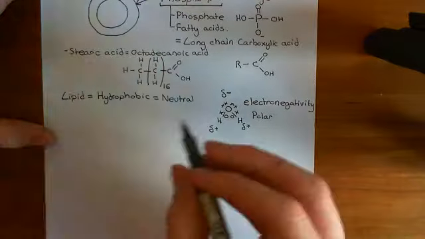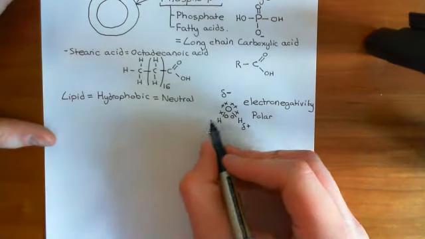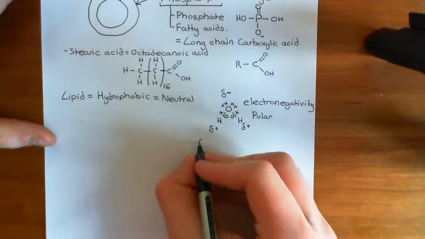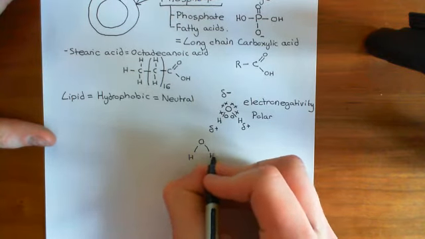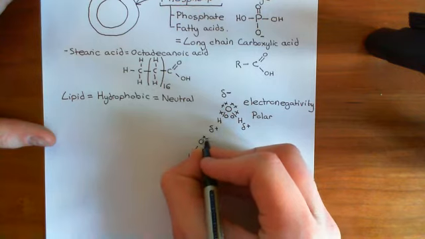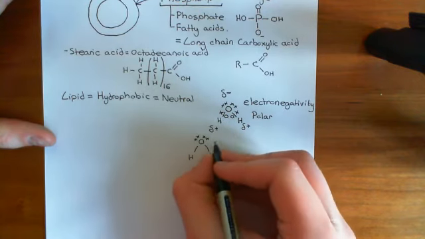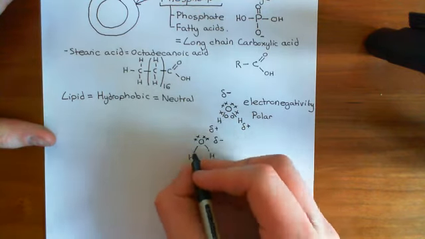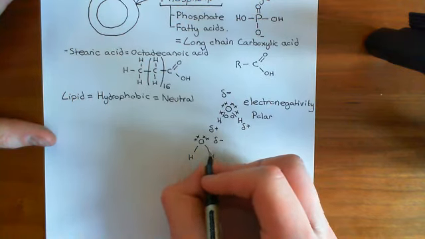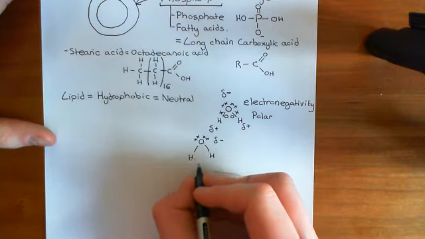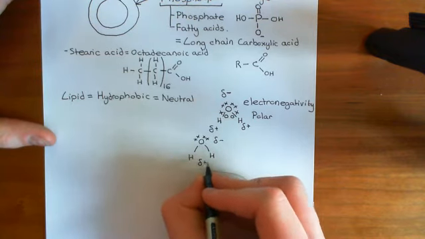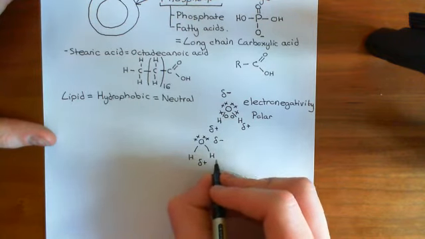So let me explain something about the way that water molecules can interact with one another. If we take another water molecule here, like so, then we know that this oxygen has two lone pairs of electrons on it, and it has this partial negative charge because the electrons in these covalent bonds are sitting towards the oxygen atom over the hydrogen atoms. And the hydrogen atoms have the partial positive charge.